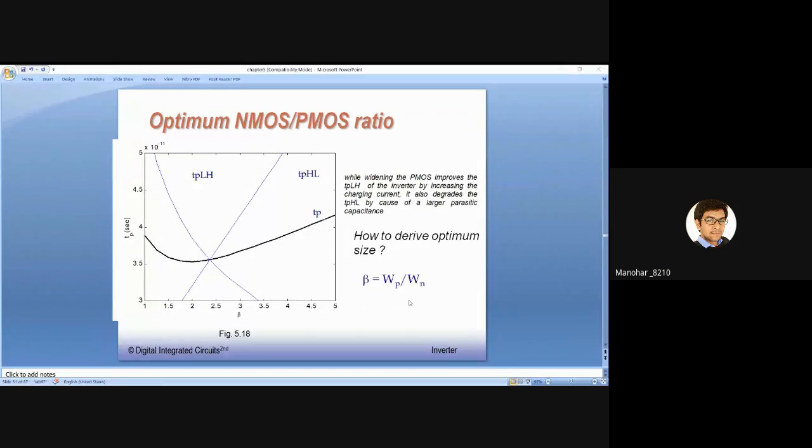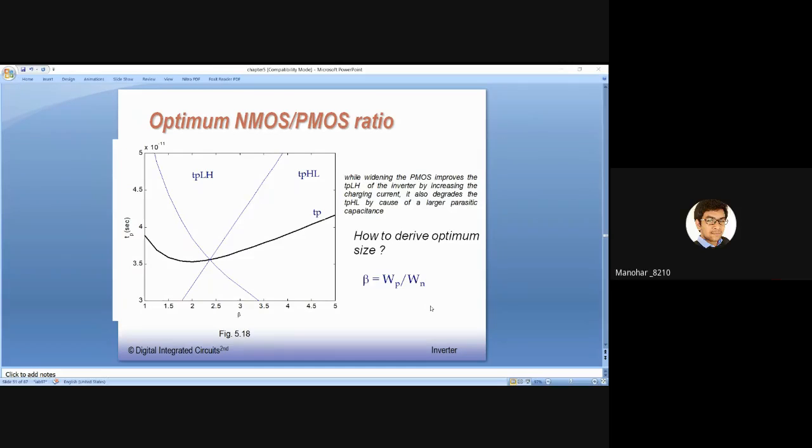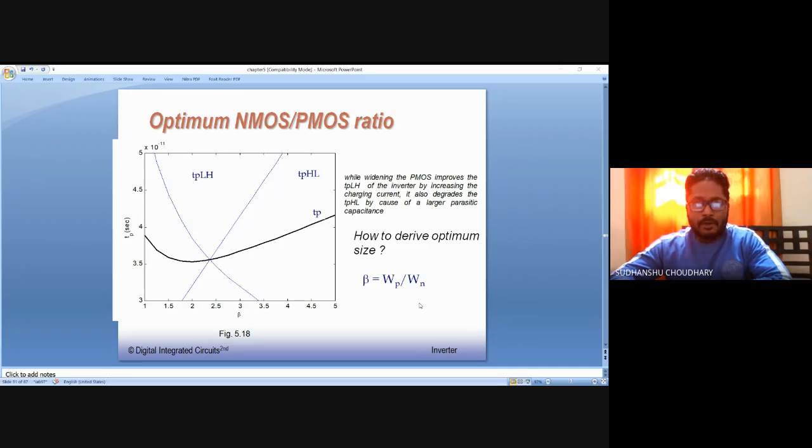Sir, in this, are the mobilities assumed to be the same or different? Because mobilities will always be different, but in earlier cases, for analyzing the CMOS inverter, we assumed mobilities are the same in the case of switching threshold and all those. Not mobilities are the same, resistances are the same.